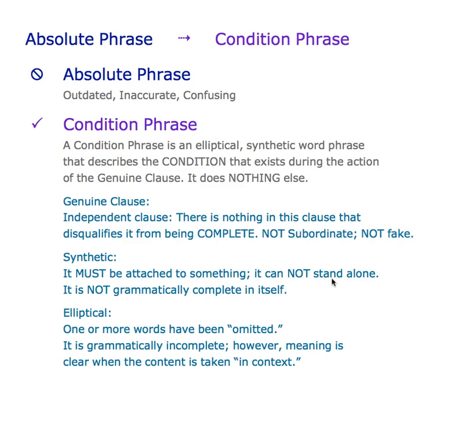It can't stand alone. It's not grammatically complete in itself. And elliptical means that words have been omitted. It is grammatically incomplete. However, meaning is clear when the content is taken in context. So, in other words, when you're using a sentence with a condition phrase, the person hearing you or reading what you write will likely understand what you've said.